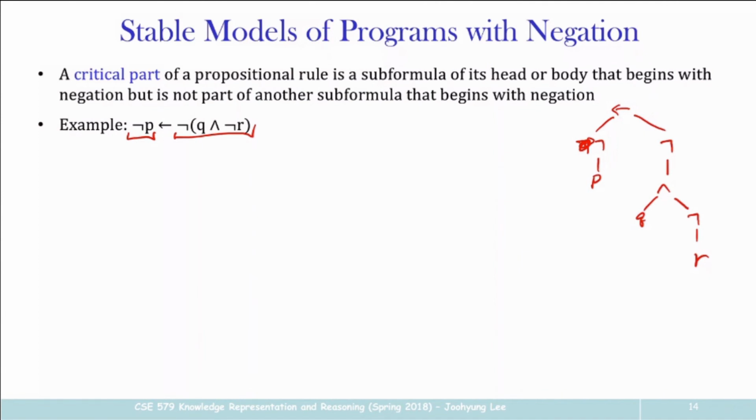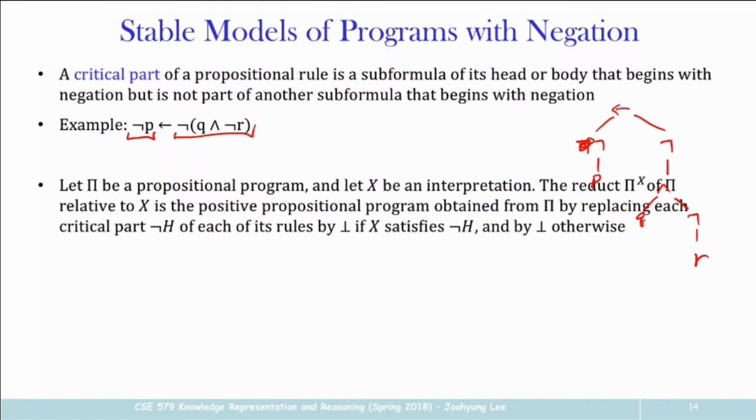That is not a part of another negated formula. So the semantics will be in maybe three steps. The first thing to do is to identify this critical part. The second step is to replace this critical part with either top or bottom, depending on the condition.